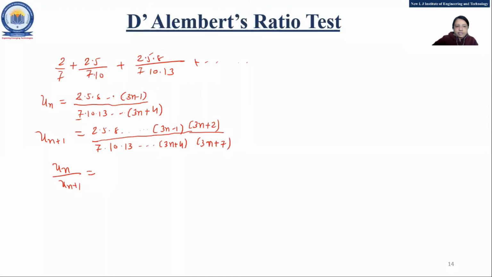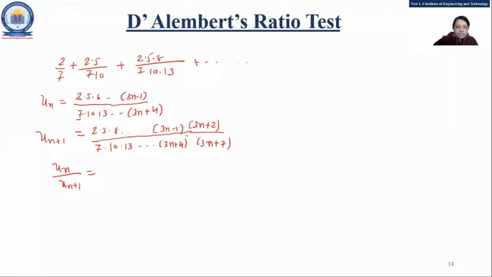See, all these things are supposed to be cancelled out. Is it required to write the whole thing again, or is it understood by you all? Just write into the chat box. Is it okay if I don't write this step, un upon un plus 1? That means some terms are supposed to be cancelled out. That's why I am asking. Okay, fine.